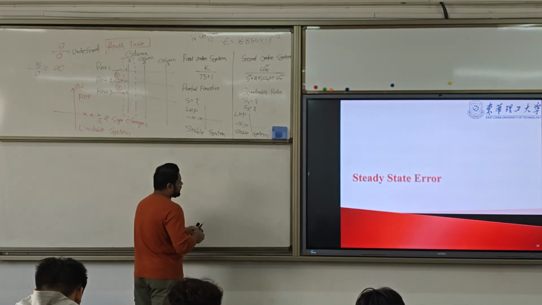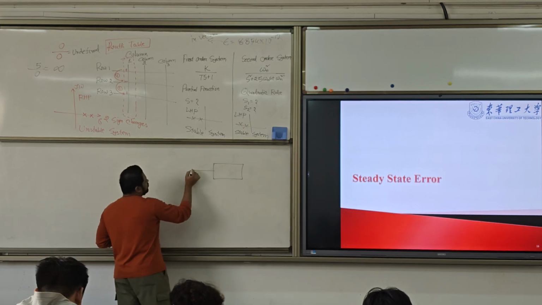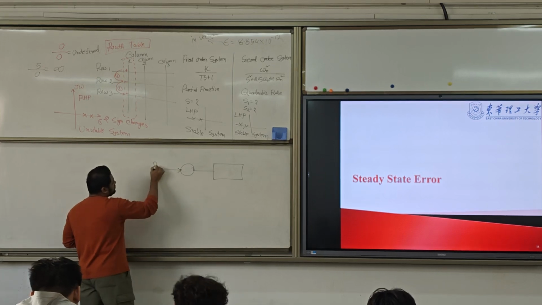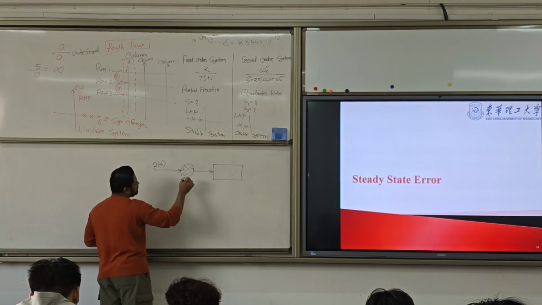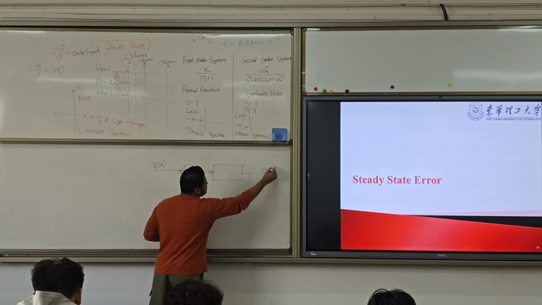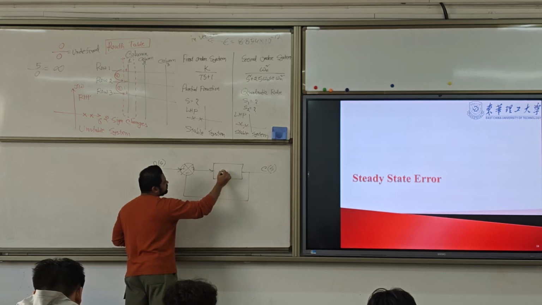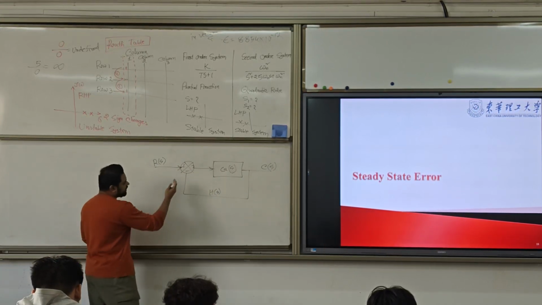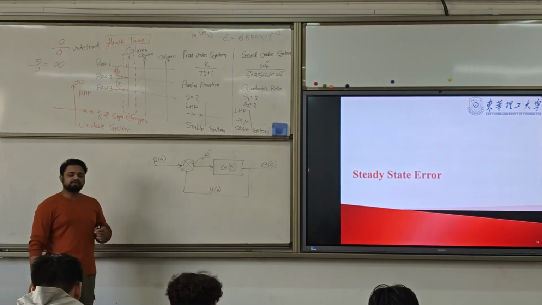In a system like here, we have R(s), in the system having a feedback H(s), and G(s). We know that. Now here we have the error term.